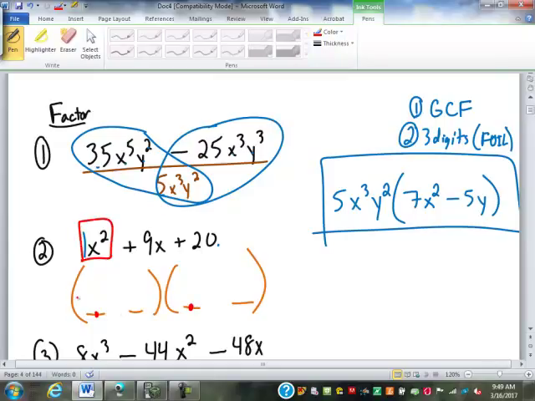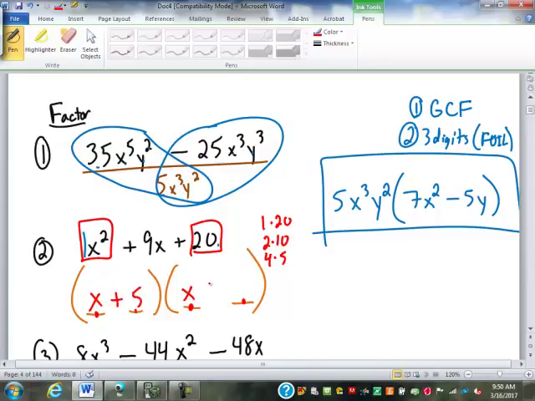So what 2 things multiply to make x squared? X times x. So that makes the x squared. These 2 have to multiply to make this number. So those two have to multiply to make 20. So that could be 1 times 20, 2 times 10, 4 times 5.